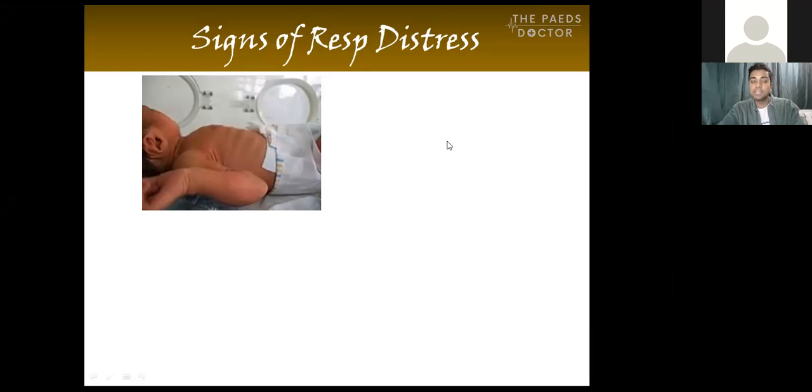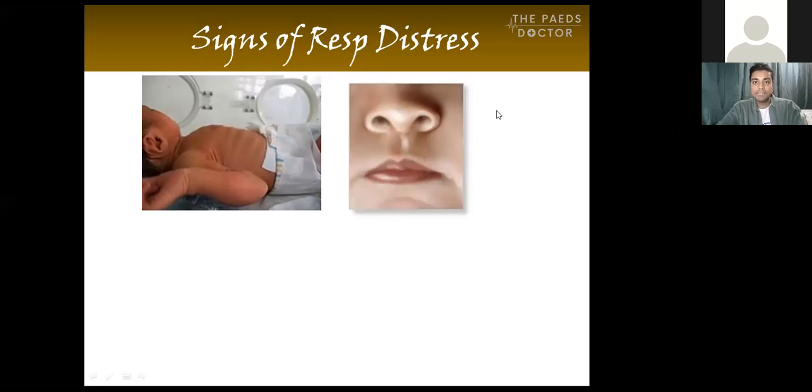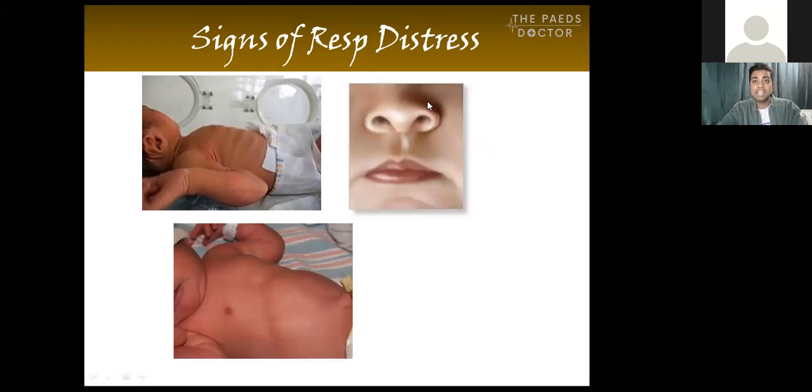Let me go through all of them and then I'll discuss why. The next one, what's this? Yes, we're getting some nasal flaring. This is typically what nasal flaring looks like, dilation of the nostrils. This third picture, what's this?